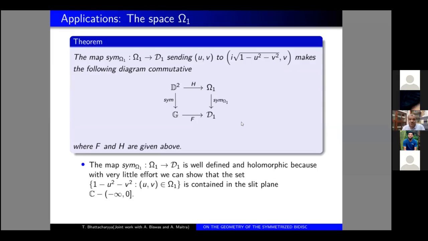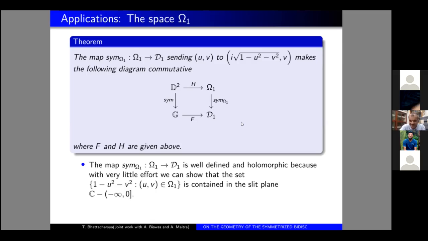It requires some work to show that it's holomorphic, but that's the technical part which can be done. So that's what is written at the bottom of the slide, that this 1 minus u square minus v square, where (u, v) belongs to omega 1, is contained in the slit plane, C minus the negative real line, and hence things are well defined.